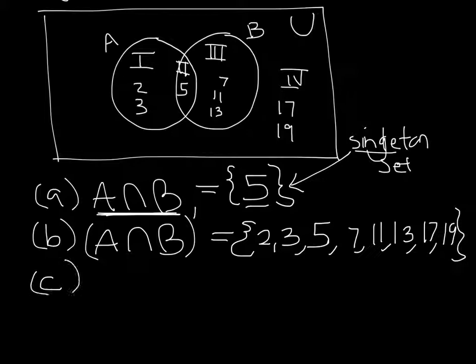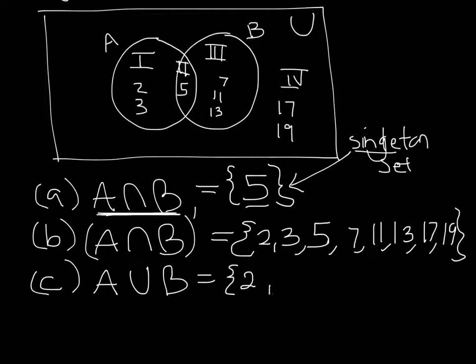Part C is what is the union of A and B. Remember, the union is all the elements in A or in B. First let's write the elements in A. That's 2, 3, and 5.